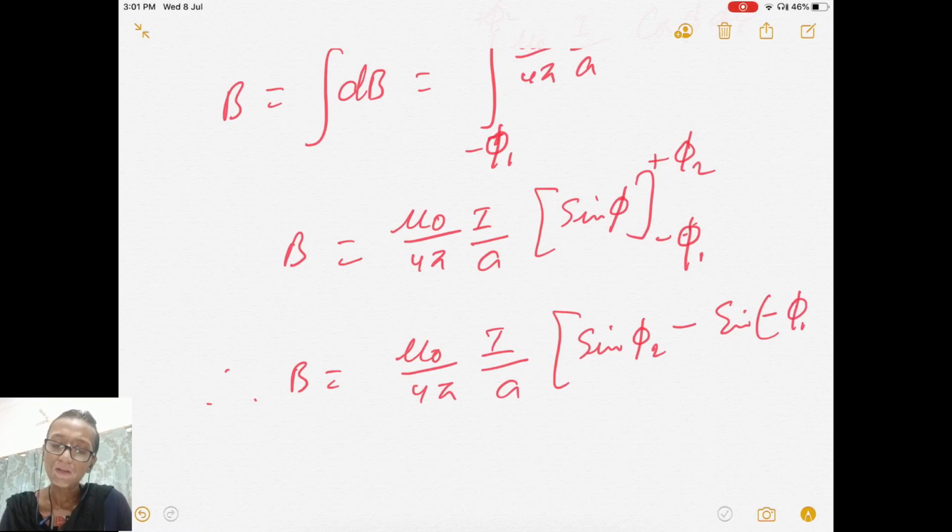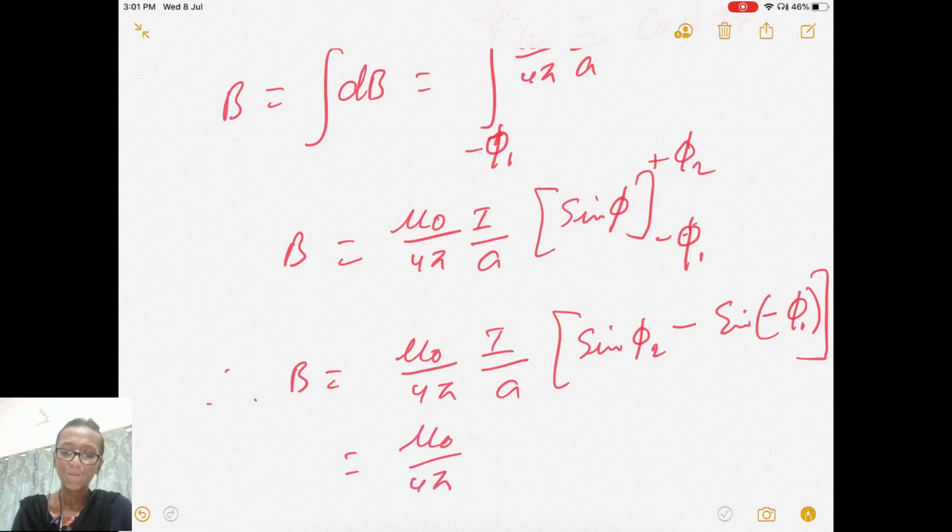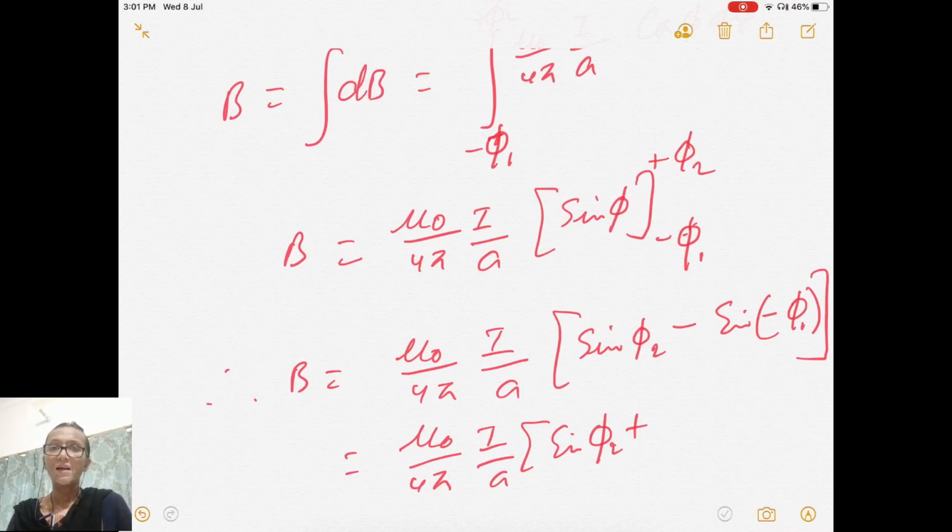And you know that sine of minus theta, fourth quadrant, is negative. Therefore it becomes sine phi 2 plus sine phi 1, because minus into minus is plus, since the sine of any angle in the fourth quadrant is negative.